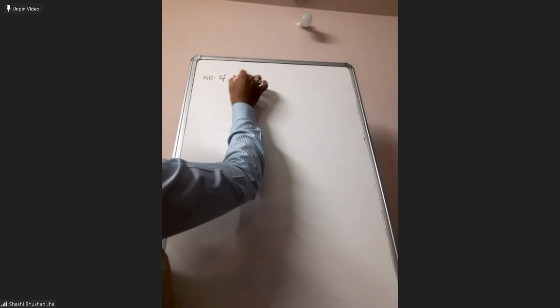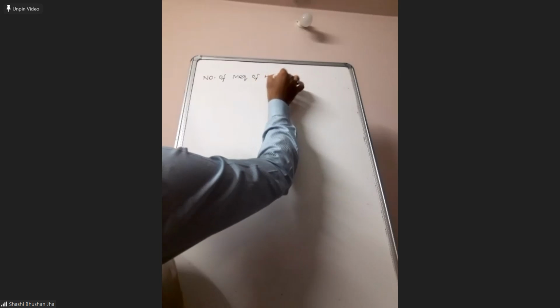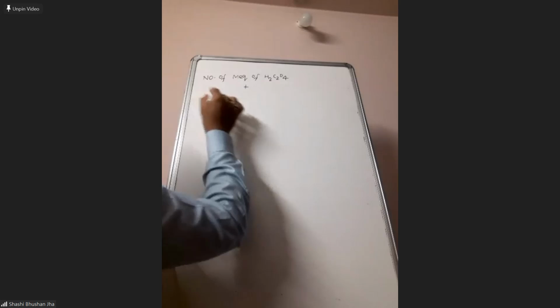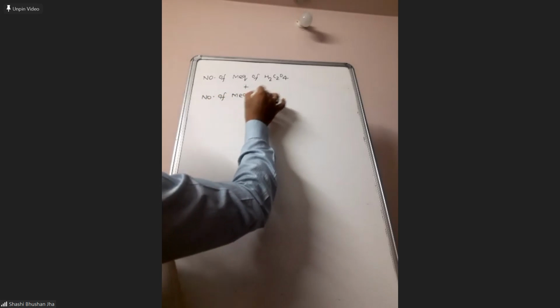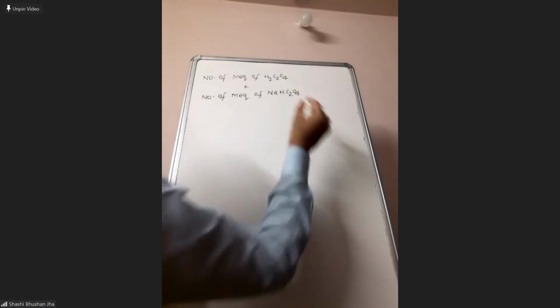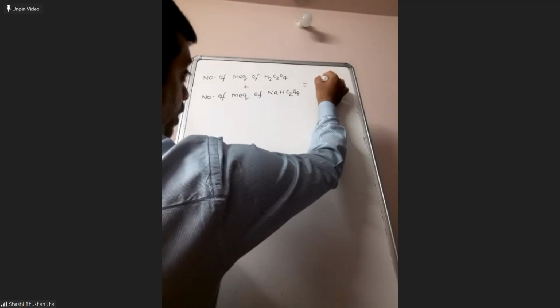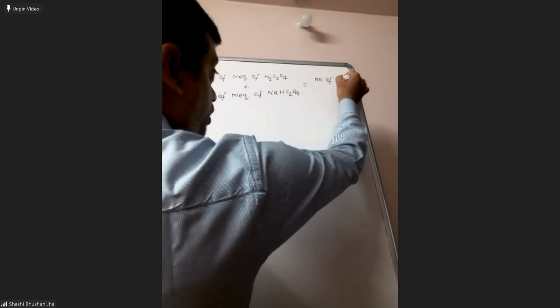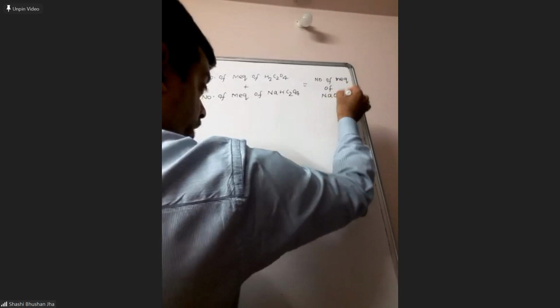So we will write that number of milli equivalents of oxalic acid plus number of milli equivalents of sodium bioxalate, this will be equal to the number of milli equivalents of sodium hydroxide.